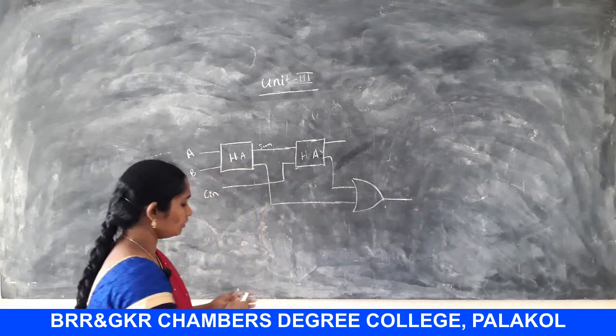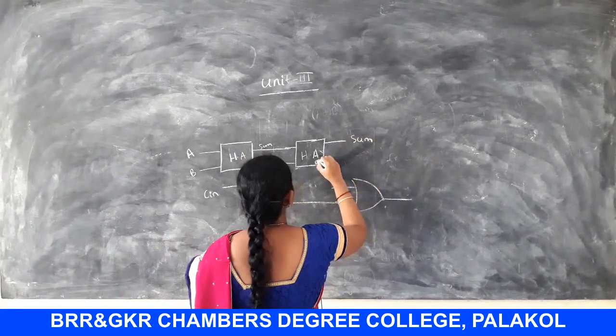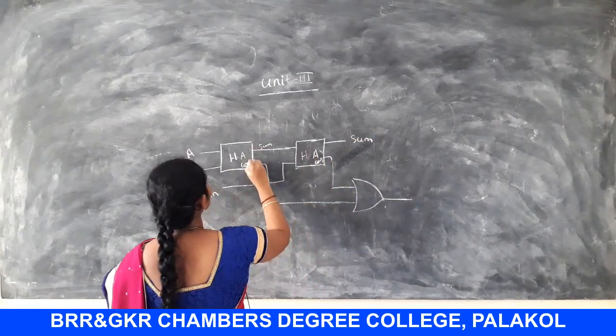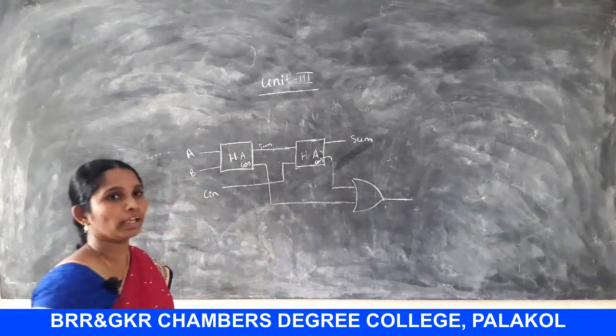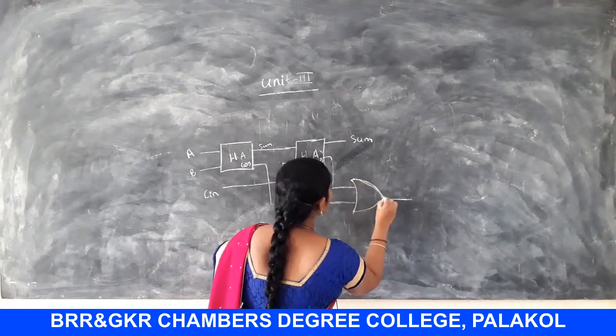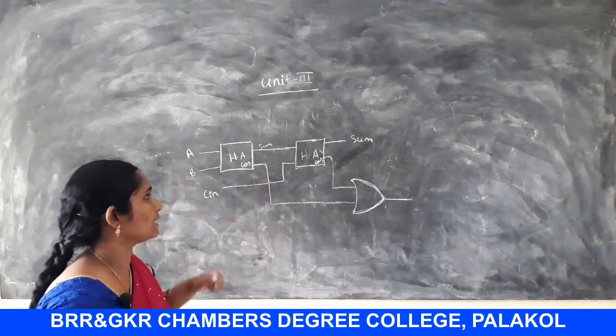So likewise it will form, this is sum and this is carry. Okay, so this is sum and carry here. So finally, by using two half adders, you have to implement one full adder. So like this.